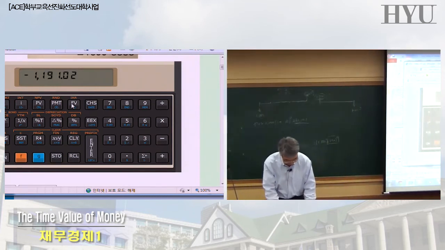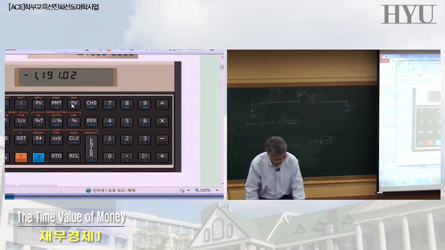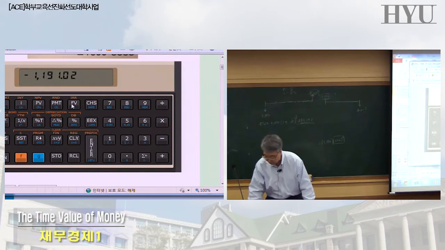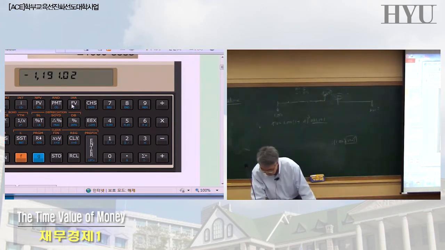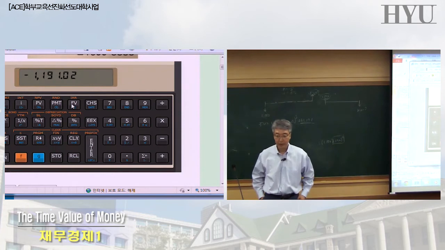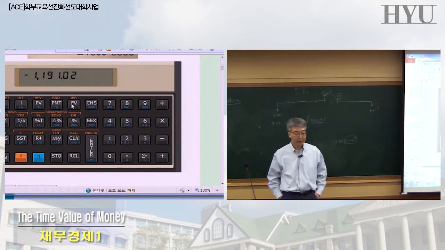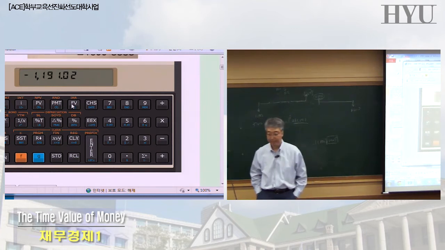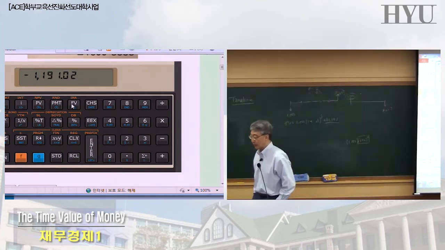All right? Just for the fun of it, if you want to do question C, say 10 years, what are you going to do in the calculator? There are many different financial calculators.